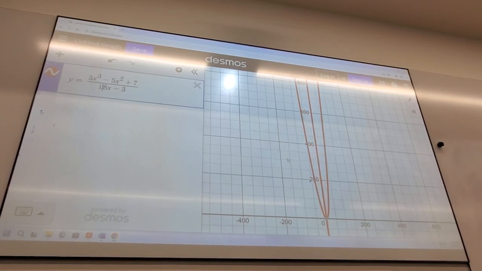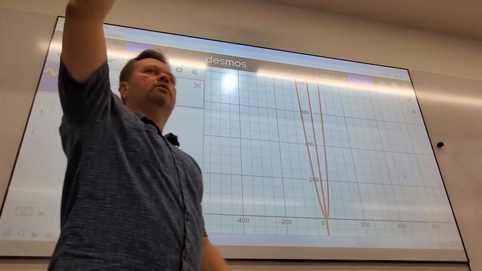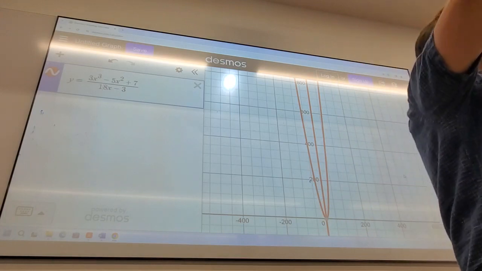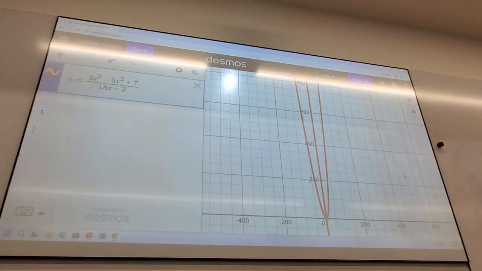Let's make it even better. There we go. That definitely looks parabolic, correct? In the middle, it's doing weird stuff. I don't care. Horizontal asymptote only cares about the outside. Okay. So, to find a slant asymptote, you do the long division. So let's do an example, all the way out.